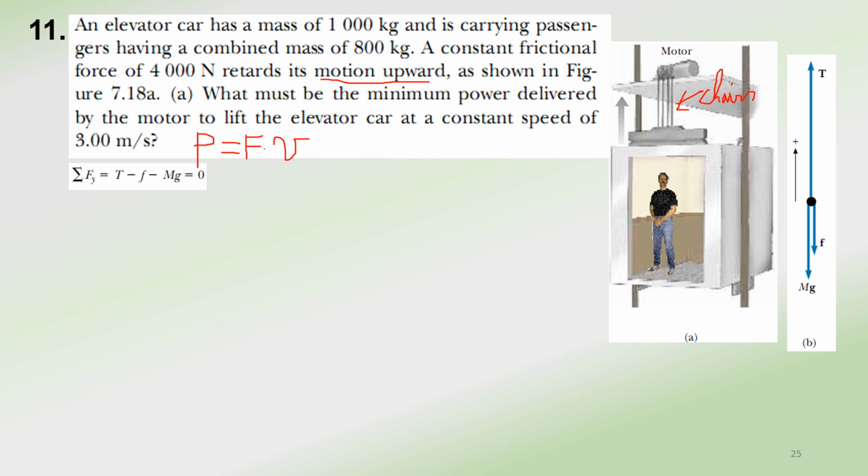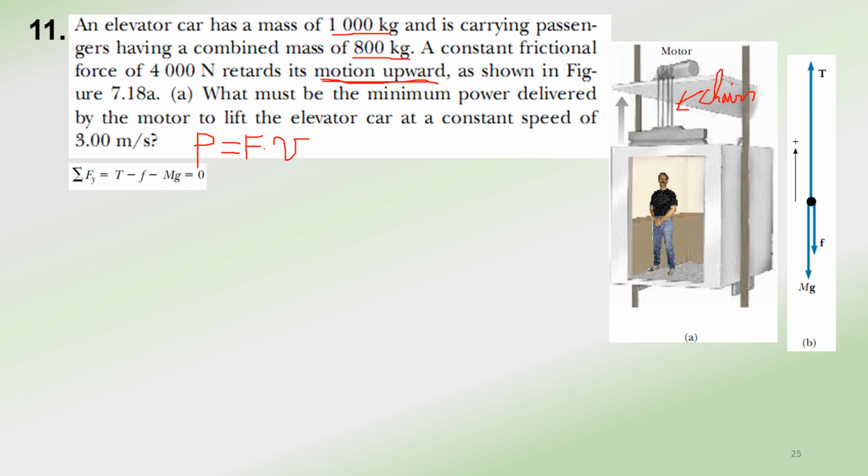There is the force of gravity, always oriented vertically downward, where this capital M is the mass of the elevator plus the mass of people. And there is the friction force, which is oriented in a negative direction, downward, because the elevator is in upward motion. And then the tension force is always oriented towards the motor, upward.